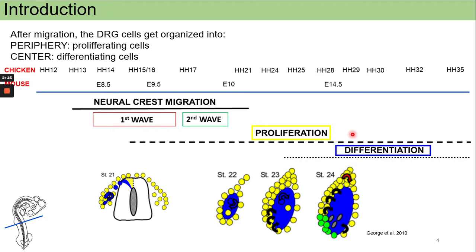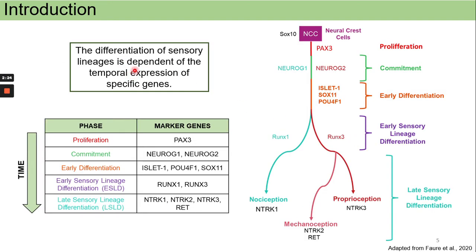So in the future, the differentiation of those cells into the subtypes of sensory neurons is dependent on the temporal expression of specific genes. Here we can see a resumed gene cascade, and this gene cascade is divided in a lot of different phases.